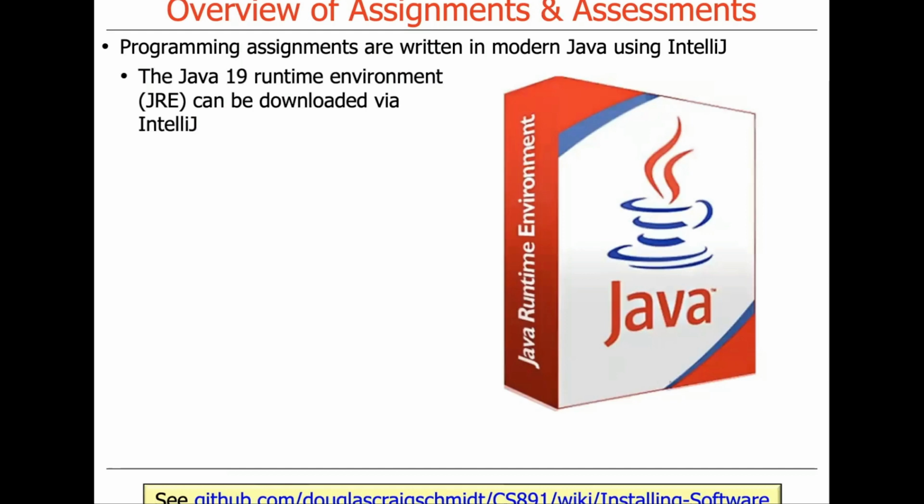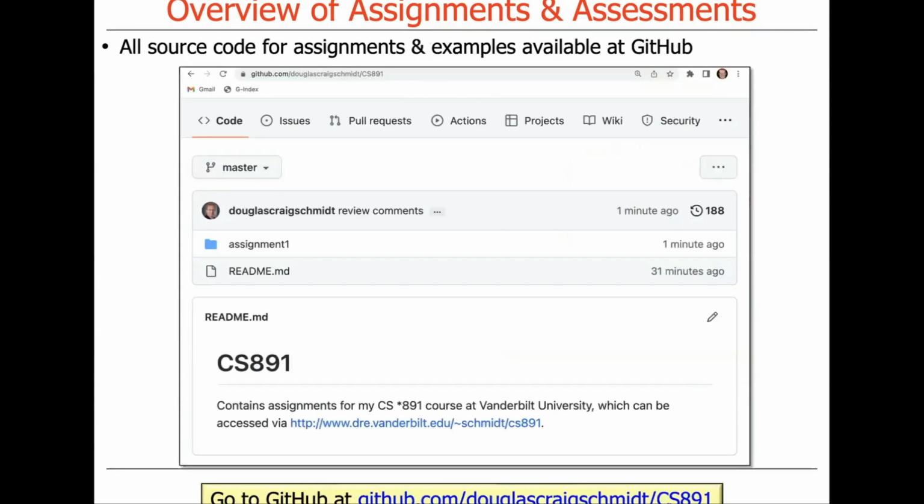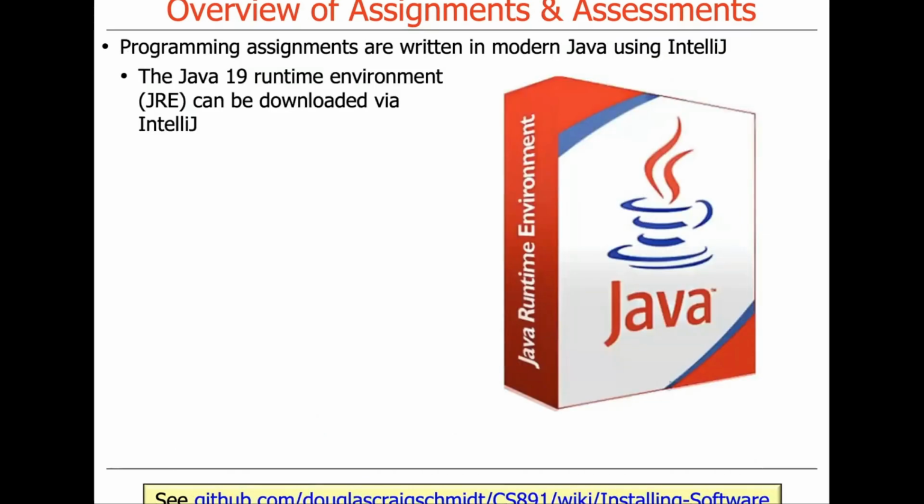You can download the Java 19 runtime environment using the IntelliJ IDE. There are some instructions on how to do that in the wiki page on CS2891's repository and my GitHub account. Effectively, you'll go in there and it'll prompt you.